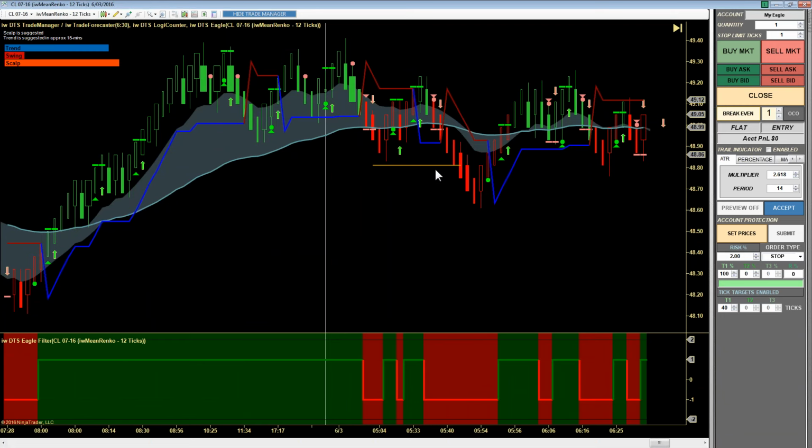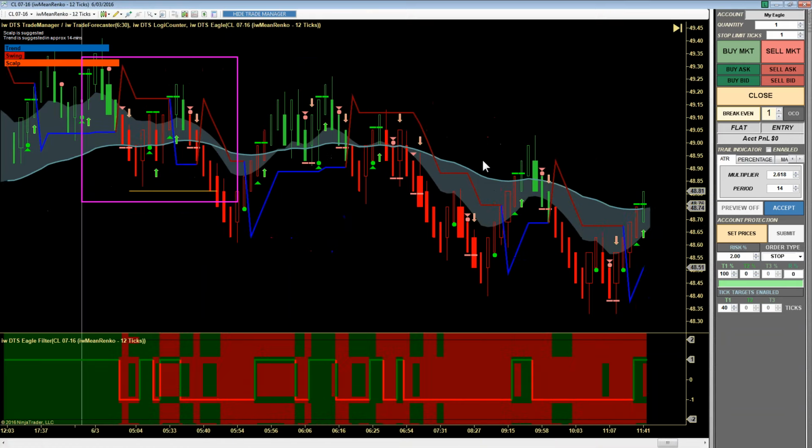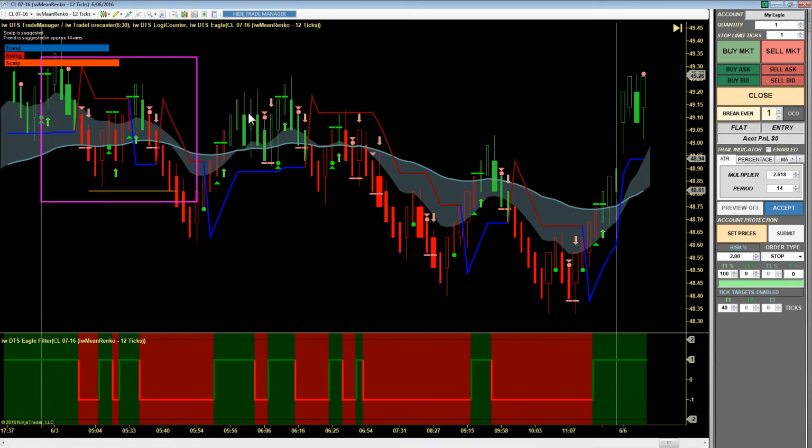But this would also be an opportunity to short it because sometimes the market will fall off more dramatically from here. But this is still a rule of 3, this whole mess right here. This is still a rule of 3, even though there's only 2 counter trend signals. And the market eventually tailed off from there after quite a bit of choppiness.